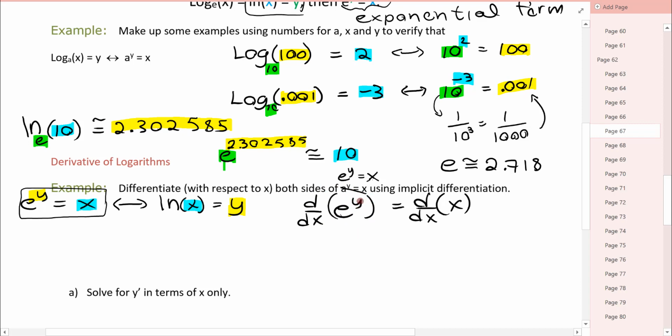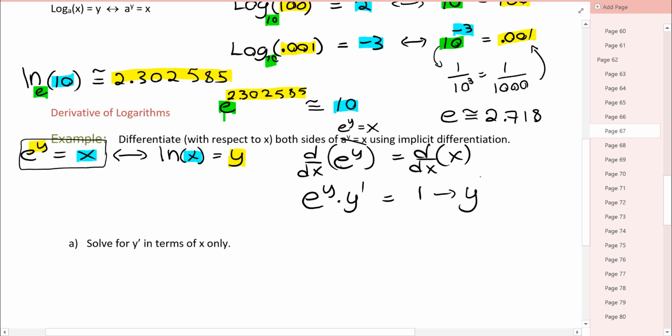In this case, we have a name for it, the natural log of x. But we don't know what its derivative is, so we have to use the chain rule. It'd be like e to the sine x, and the derivative would be e to the sine x times cos x. Well, this is going to be e to the y times y prime, right? We're using the chain rule. And on the other side, you just get 1.